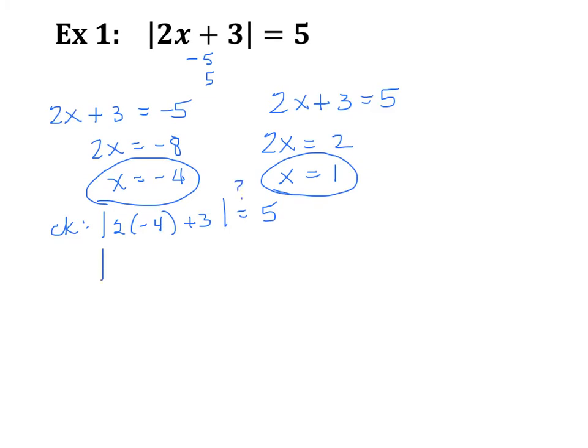I'm going to have negative 8 plus 3, is that equal to positive 5? And so we have the absolute value of negative 5 is equal to 5, so this checked. So checking is very simple, and it's nice because it confirms whether you got your problem right or not.